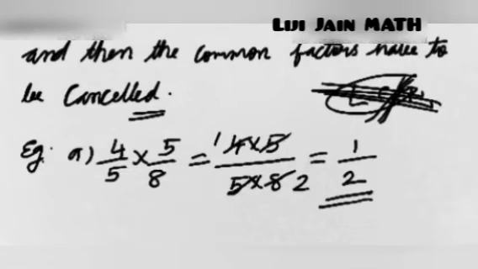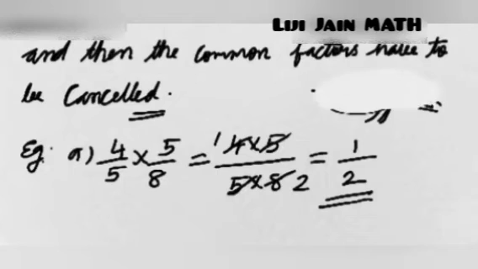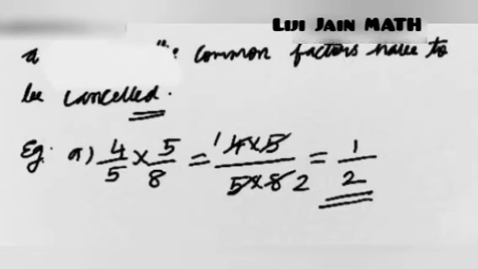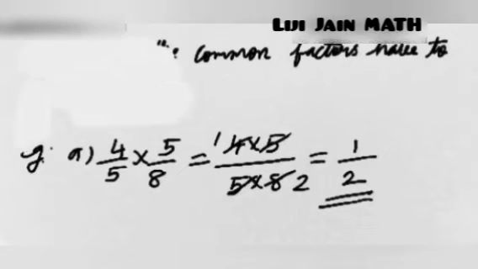Don't make it complicated or wrong by finding the LCM. LCM is needed in the case of addition and subtraction of fractions, but in the case of multiplication, it is not at all needed.